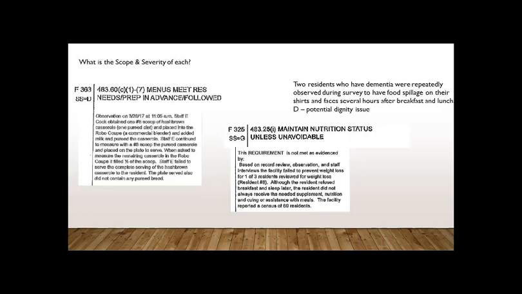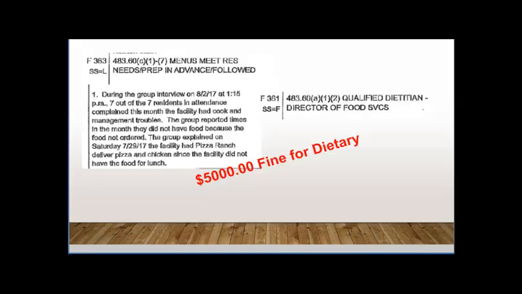I can put in a zip code, and it'll pull up all of the facilities in that zip code area and tell me their star ratings. I can see their survey results, the last posted. I can see, did they have dietary issues? Did they have nursing issues? Those kinds of things are still broken down.